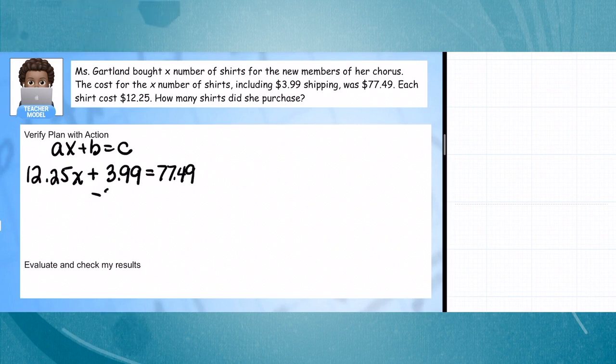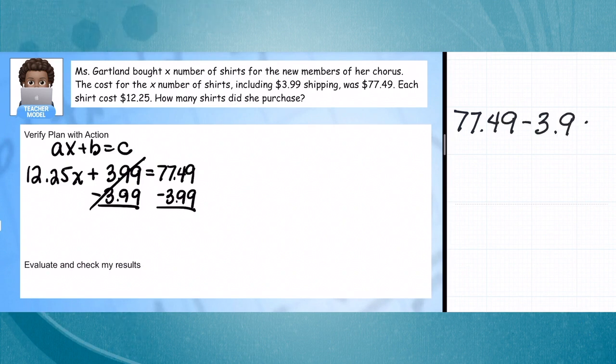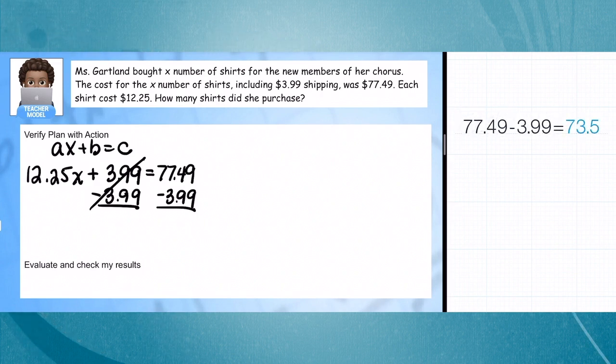We're going to make a 0 pair of our constant, so minus $3.99 on both sides. And I do have our calculator with us so that we're not spending a lot of time on some calculations and to decrease error. So we have $73.50 on this side and $12.25x on the other.